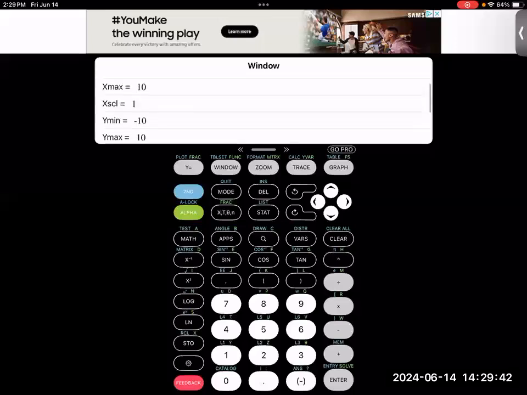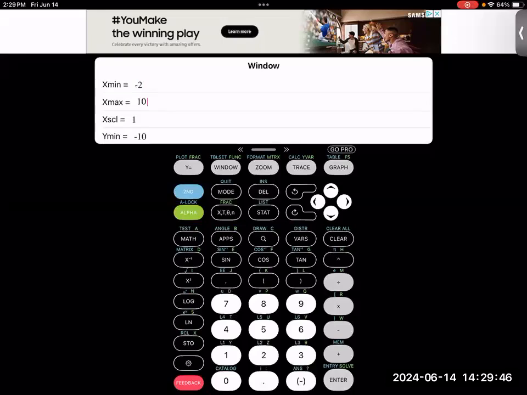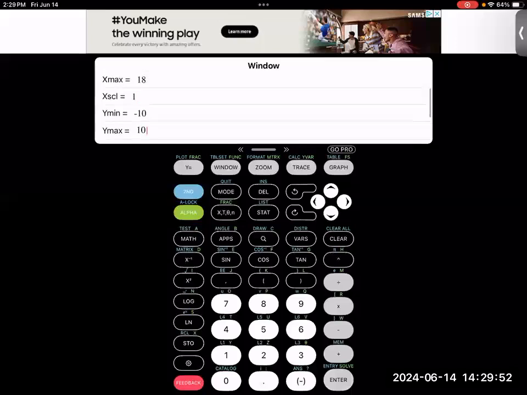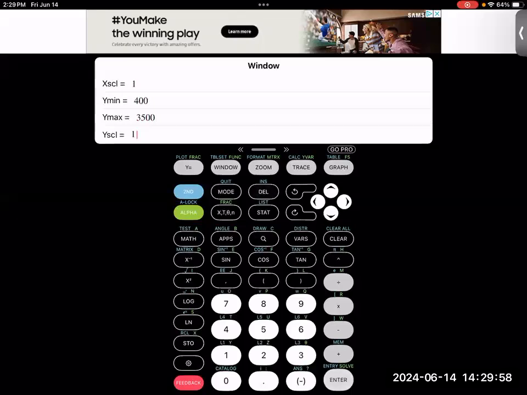All right, so we said -2. I already forgot what my max was. 18? That's okay. I think we said 400? 250. Let's give it a graph.